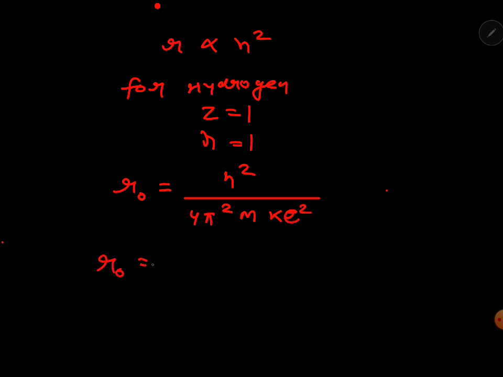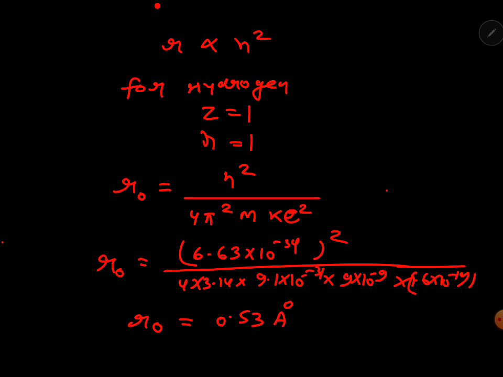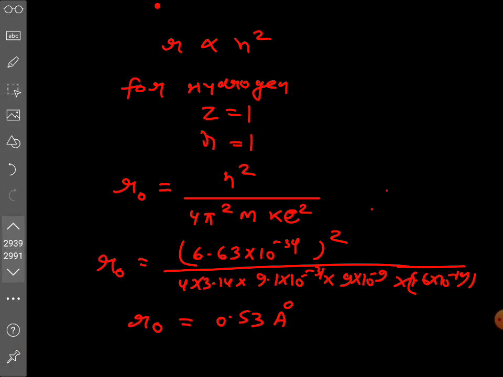Now we can put all the values: (6.63 into 10 to the power minus 34) squared, upon 4 into 3.14 into 9.1 into 10 to the power minus 31 into 9 into 10 to the power 9 into (1.6 into 10 to the power minus 19) squared. If you solve it, you will get approximately 0.53 angstrom. This is the radius of the first orbit for the hydrogen atom, right?